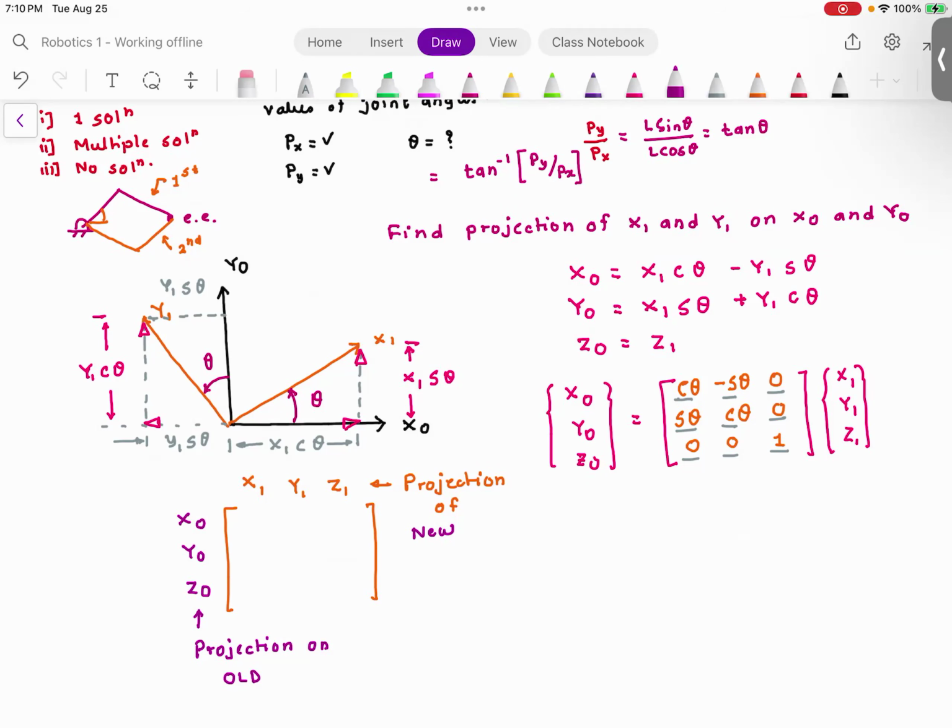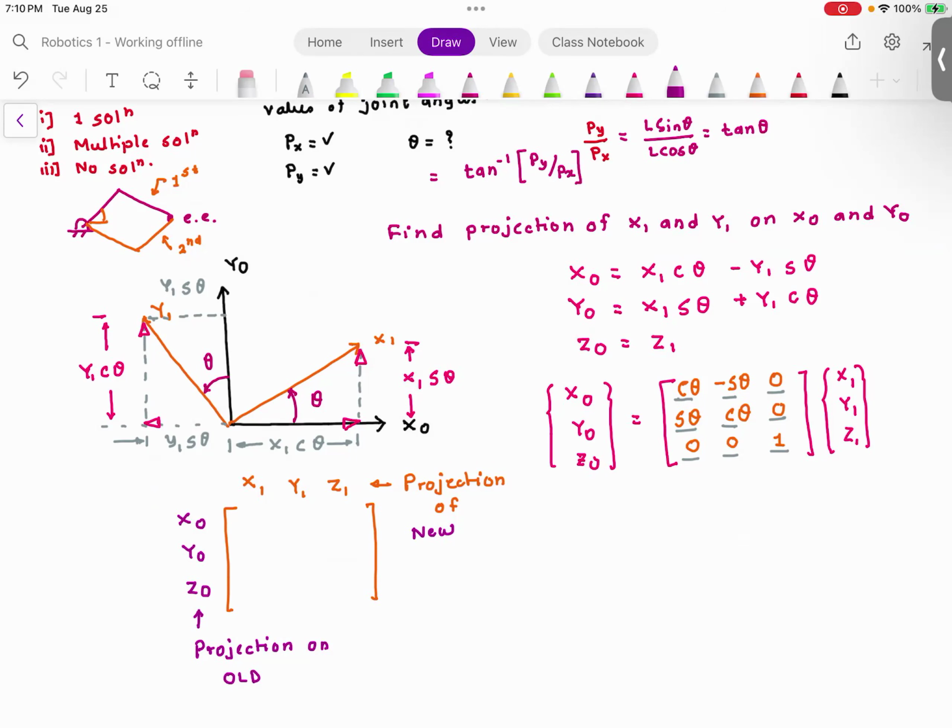So you want to find the projection of x2, y2, z2 on x1, y1, z1. Projection of new onto old, new to old. So now check this out. I want you to look at the figure that we have here.